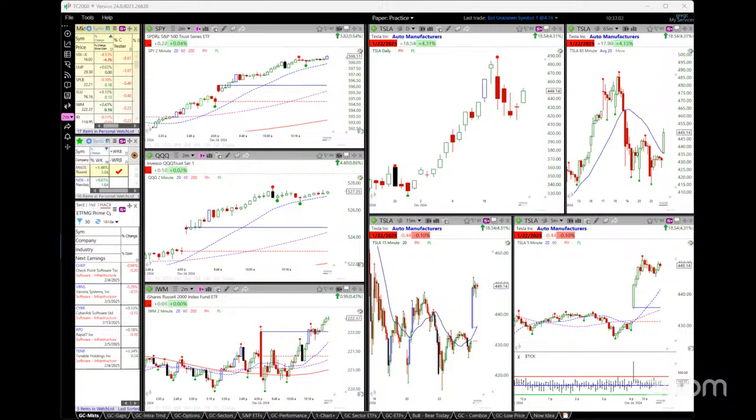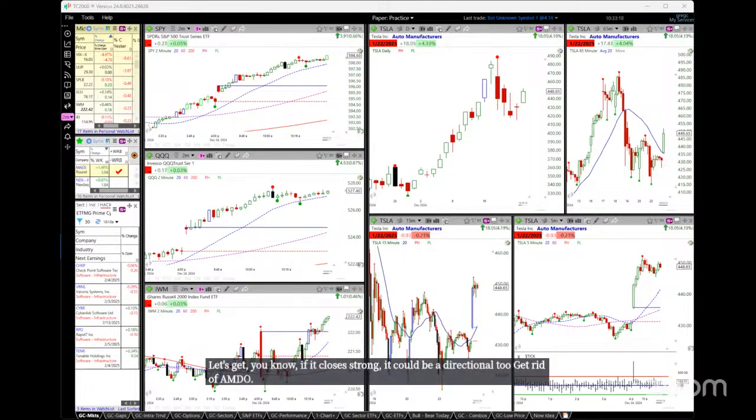No, midpoint only 15, so that's not good food. This could be, if it closes strong, could be a directional too. Get rid of Abgo. Hood there.